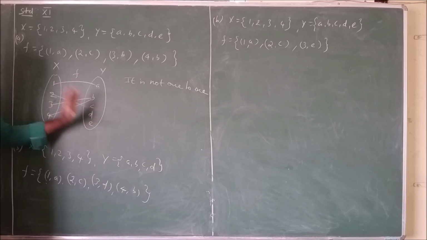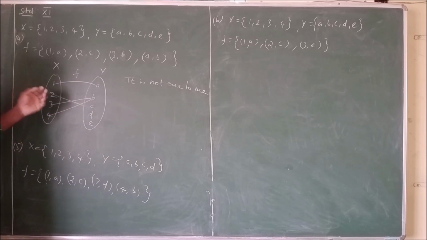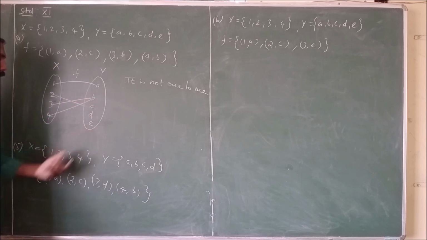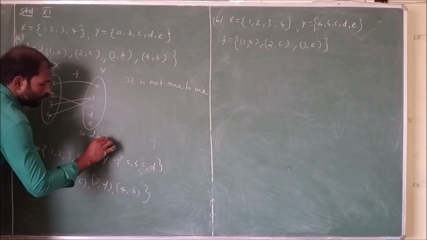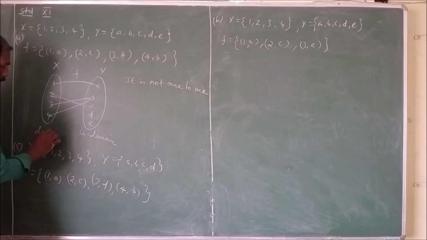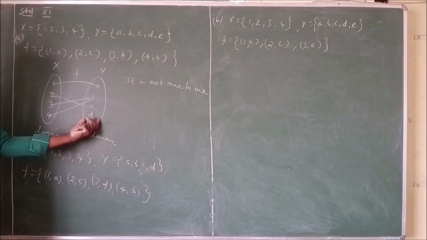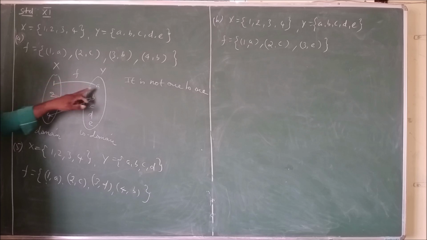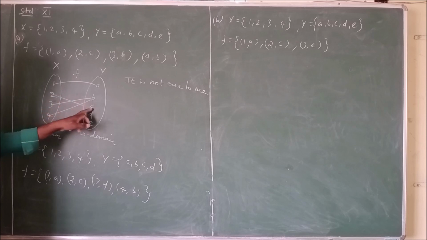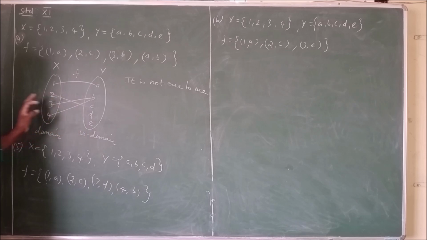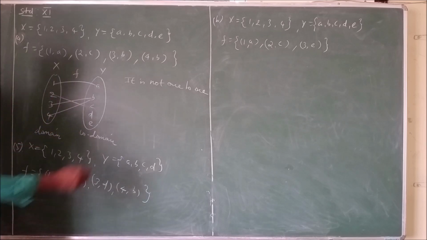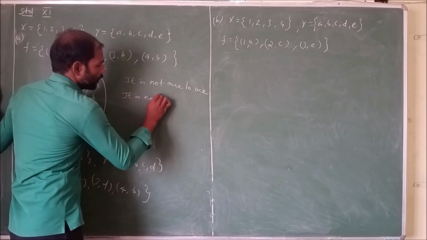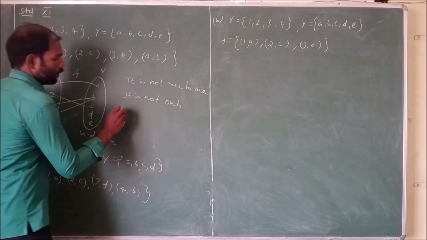Now check onto, meaning every element in the codomain has at least one pre-image in the domain. A is the pre-image of 1, B of 3, C of 2, D has no pre-image, and E has no pre-image. So it is not onto.